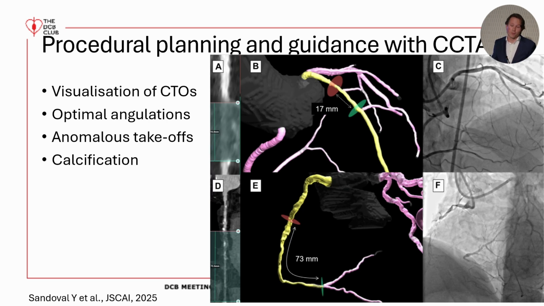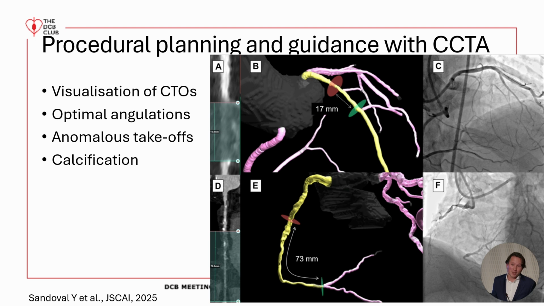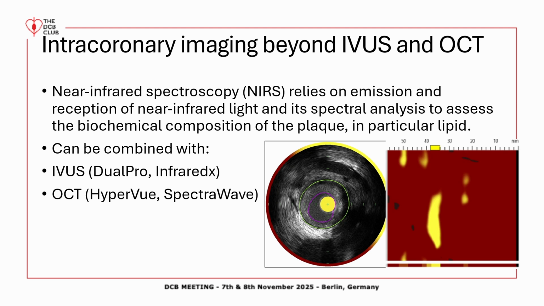We can go on for multiple days about CT-guided PCI, but I think some other important promising applications are the visualization of CTOs, the use of optimal X-ray angulations as well to improve our visualization, minimize foreshortening and minimize overlap, knowing when we're dealing with anomalous takeoffs, so we can go in better prepared, use less dye, go with the right guiding catheter, and of course, much better visualization of calcifications.